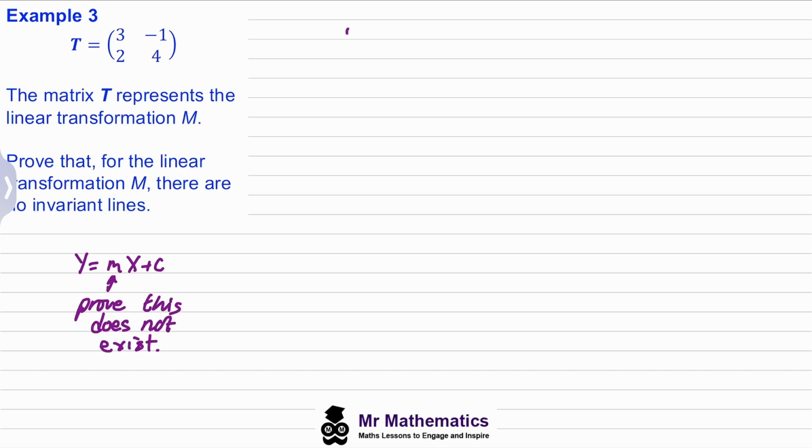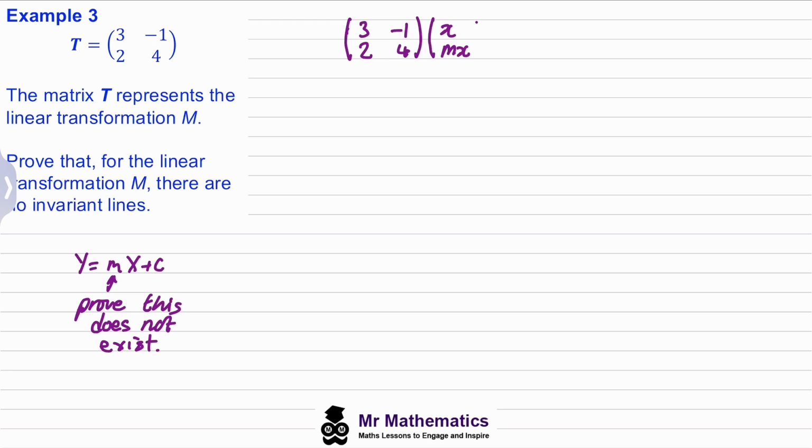So we'll apply the transformation 3, -1, 2, 4 to our invariant line x and mx. We don't need to worry about this constant because this doesn't determine whether the line exists, only the gradient does.